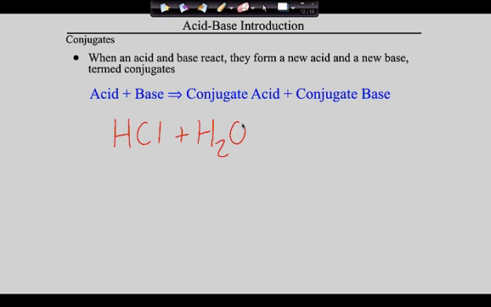HCl reacting with water. We'll talk about it, but I don't think you have to write it down. And then while we're at it, let's do one other. Do that one too.